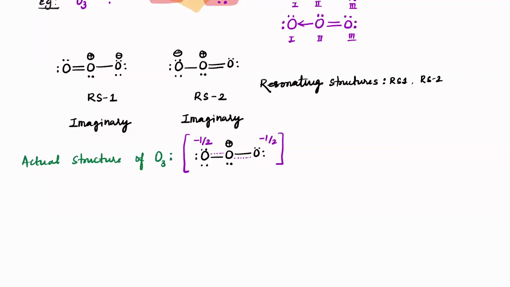Experimentally, how do we prove it? We check the bond length. See, if there are more bonds, the bond length will be smaller. So if I say the bond length here is x and the bond length here is y, and similarly here I call the bond length y and here x, correct?